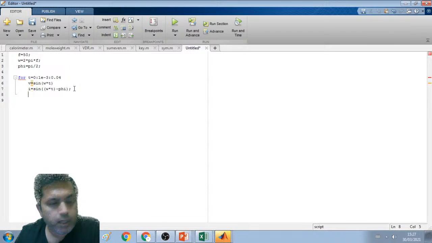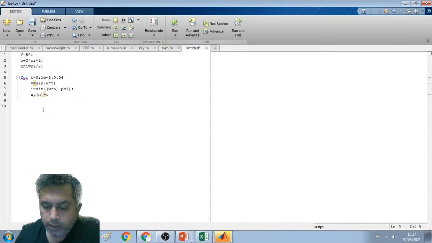Okay. Then what we'll do, we'll say first value or nth value of xt is equal to t. This is semicolon. xv nth value is equal to v, N values.